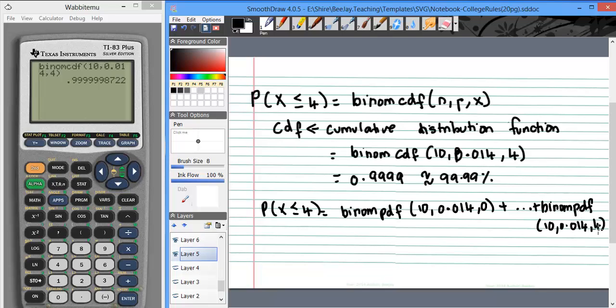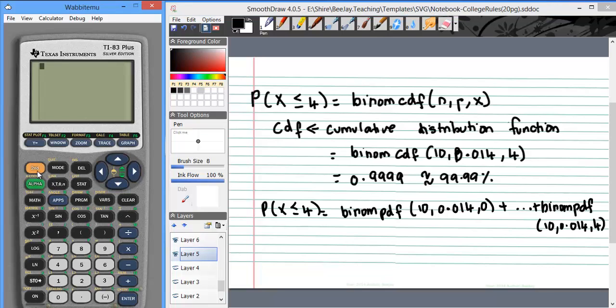Now I'm going to type each of those on the calculator. This might take some time. So second bars, first up I have to press option 0. I enter 10, 0.014, 4 plus binom PDF again.